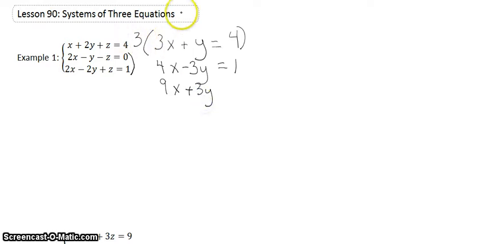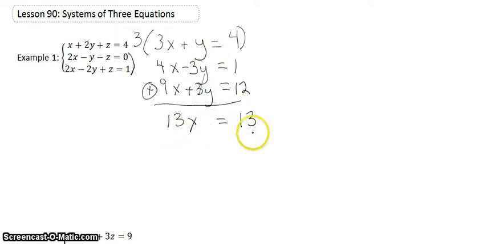Again, I'm just multiplying that 3 all the way across to all three terms, equals 12. And now I can add those equations together. I'll have 13x, my y's will cancel, and that equals 13. Then I would just divide both sides by 13, so x equals 1.